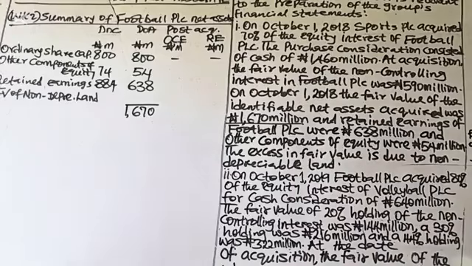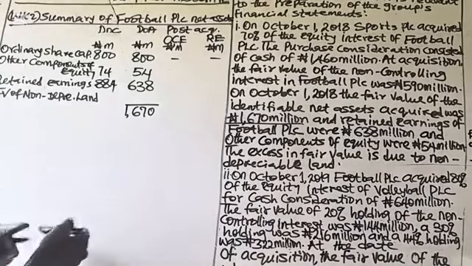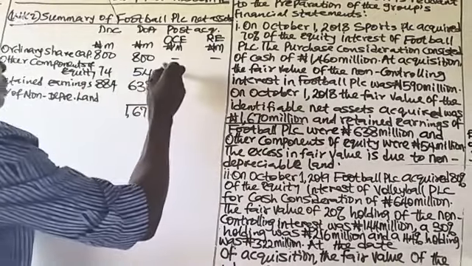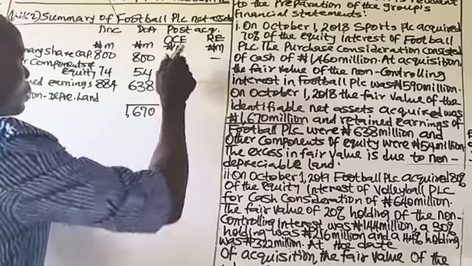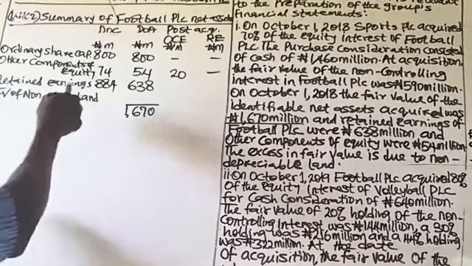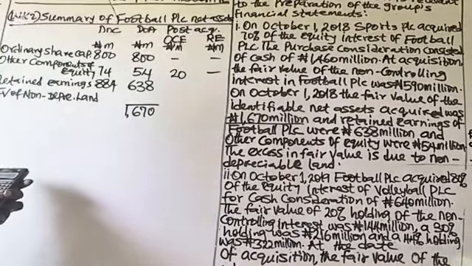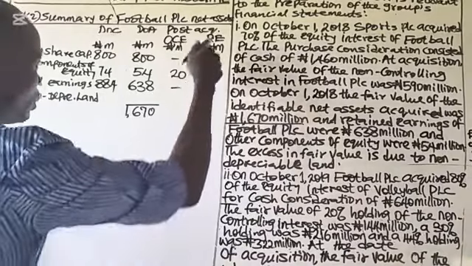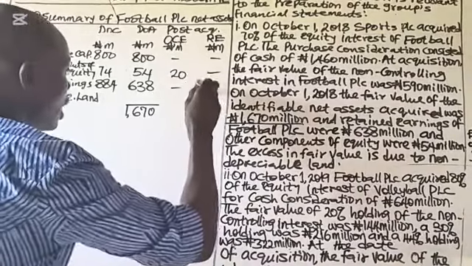Now, the post-acquisition other components of equity, 74 minus 54, is 20. You put it under other components of equity. Then retained earnings, 884 minus 638, is 246. You put that under retained earnings.